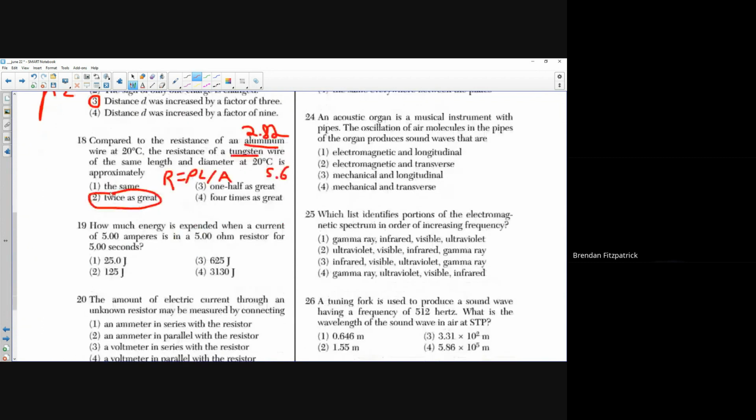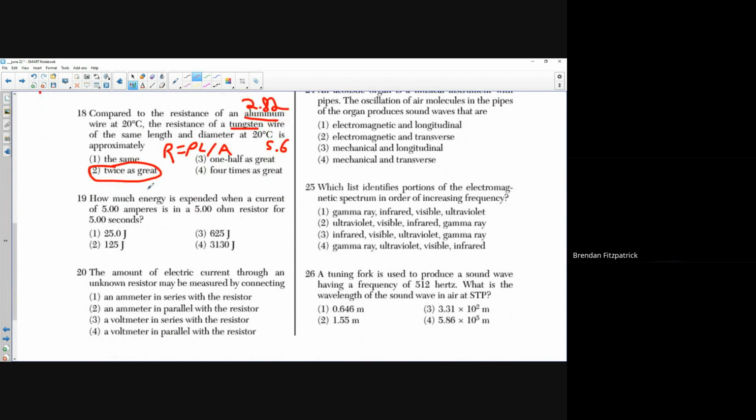18 is 2. Good. 19, how much energy is expended when a current of 5 amperes is in a 5 ohm resistor for 5 seconds? Whenever they're asking about energy and they're talking about circuits like amperes, ohms, voltage, we're always going to go to the part of the reference table that's W equals all those different expressions, and you have to pick the right one.